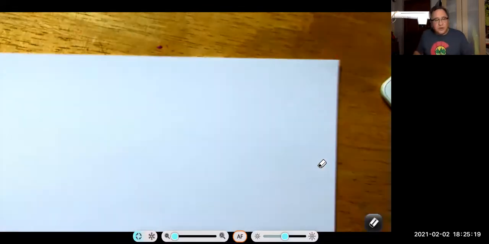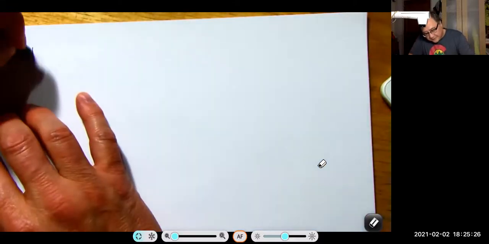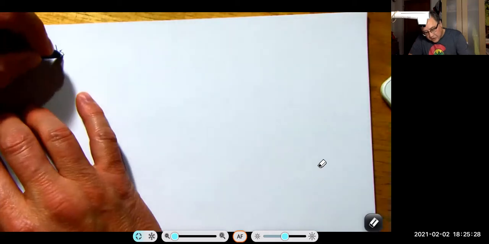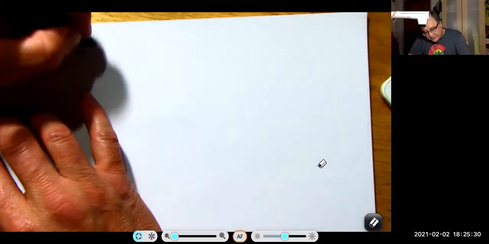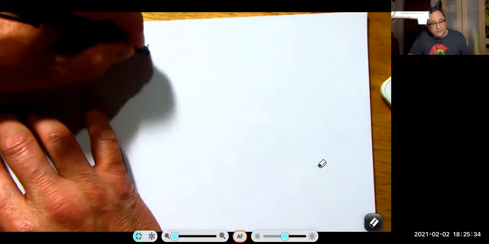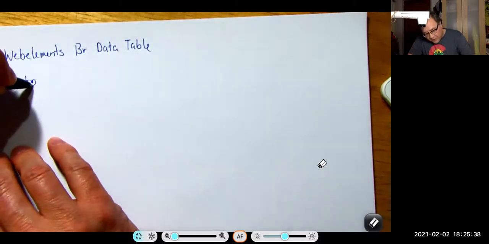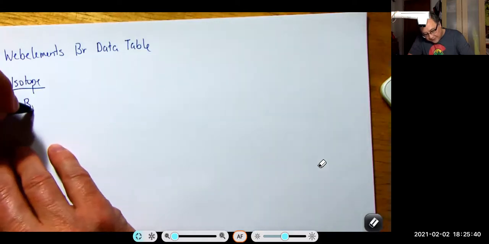So here's what your bromine table is going to look like. So this is your Web Elements bromine data table. You're going to write the isotope. One of the isotopes is bromine 79.